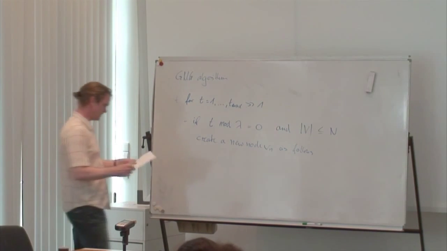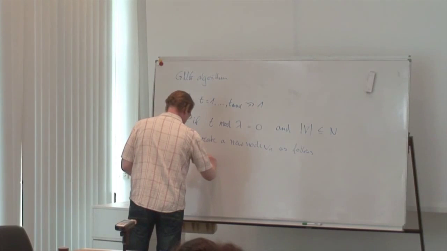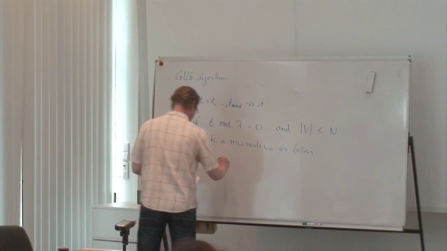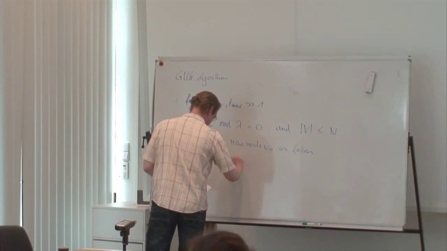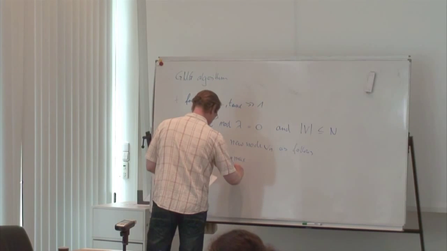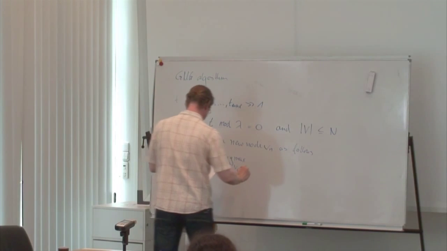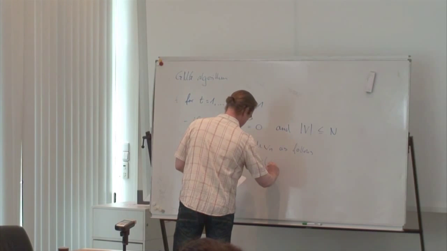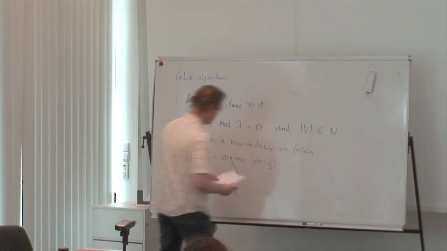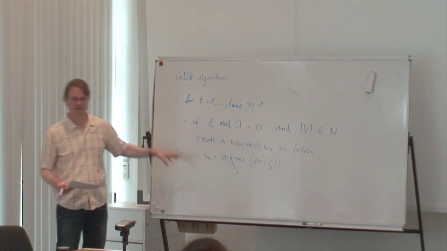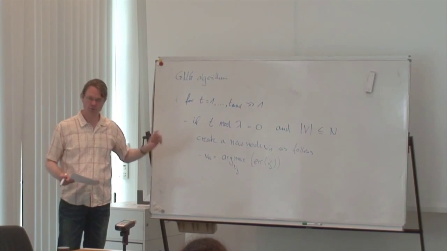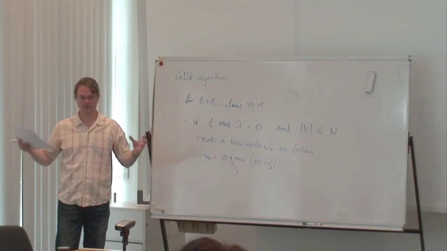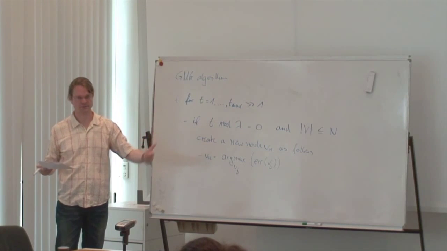We determine a node Vu as the arcmax, and this time I mean it, arcmax, over all nodes in the graph. And we look at the error. So we look at the node in the graph which at this point in time has the largest error value attached to it.